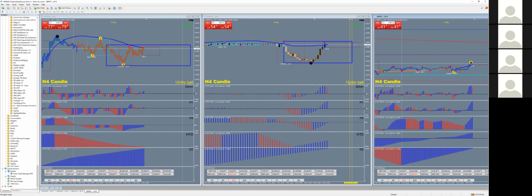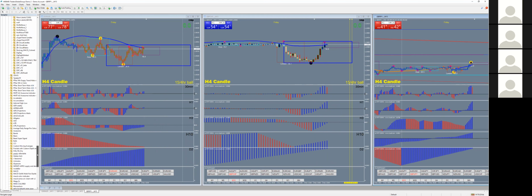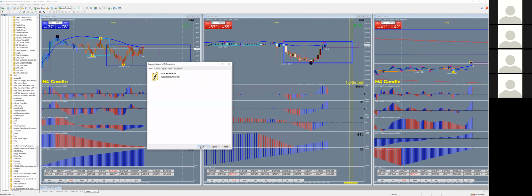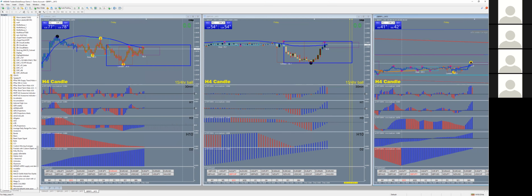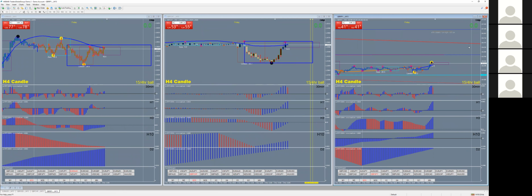Let's see. Okay. There we go. So that was a potential target for that pair, pound yen to the upside if it breaks out.